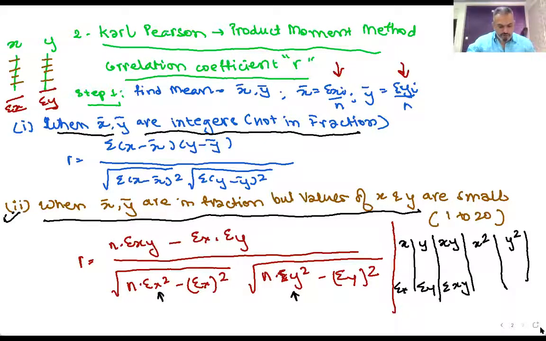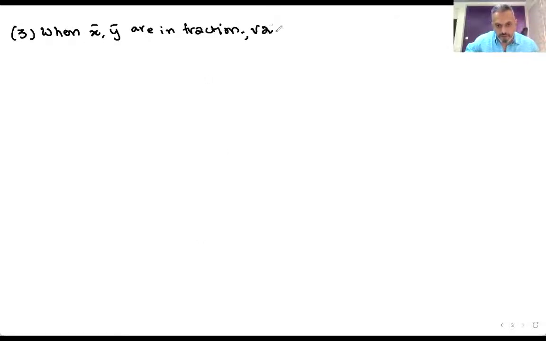So now let's go to the next one. Third one, option number 3. When x bar and y bar are in fraction and values of x and y are large.